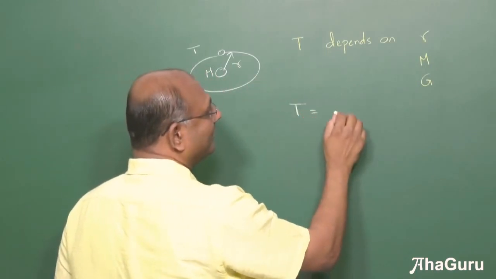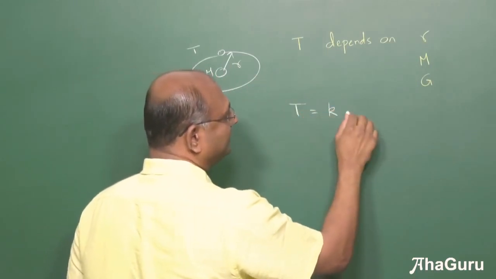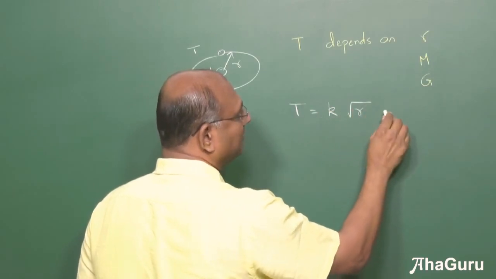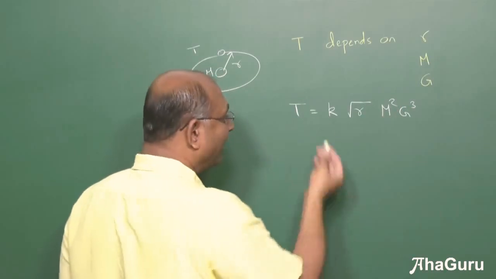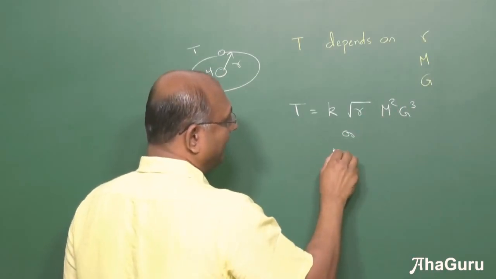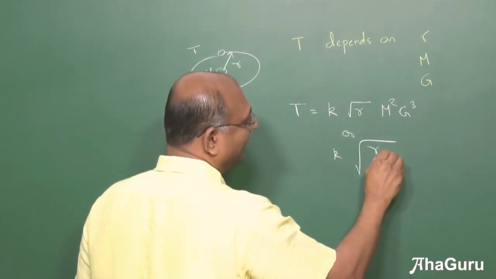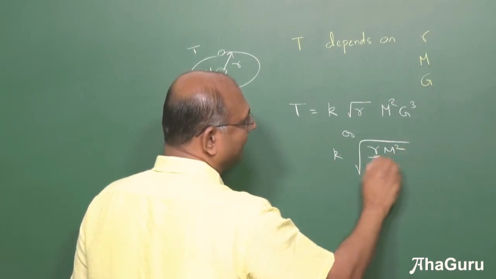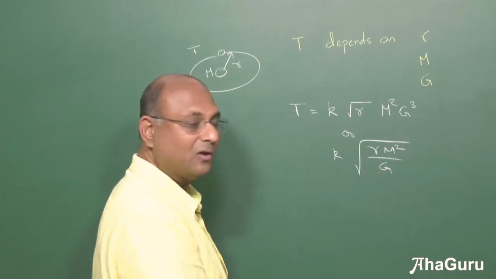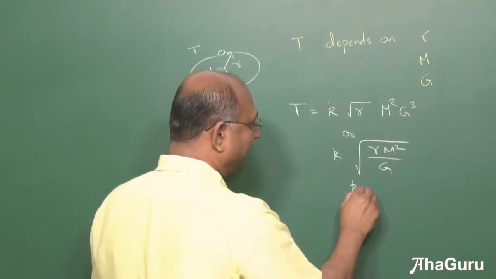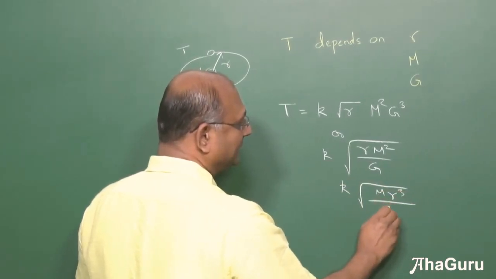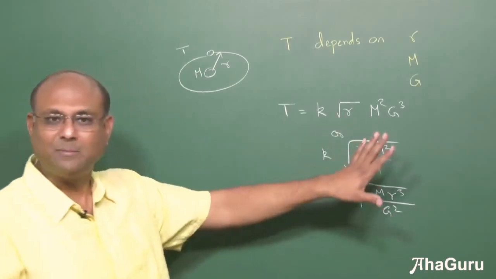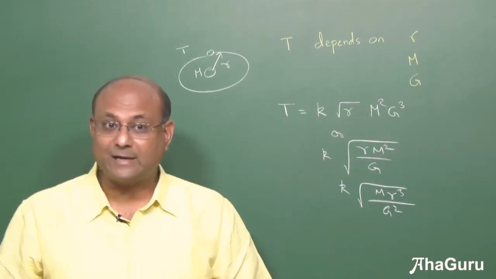T could be some constant K times root of R M square G cube. Or it could be some K root of R M square by G. Or it could be K times root of M R cube by G square. So many possibilities. I don't know which one is the correct one.